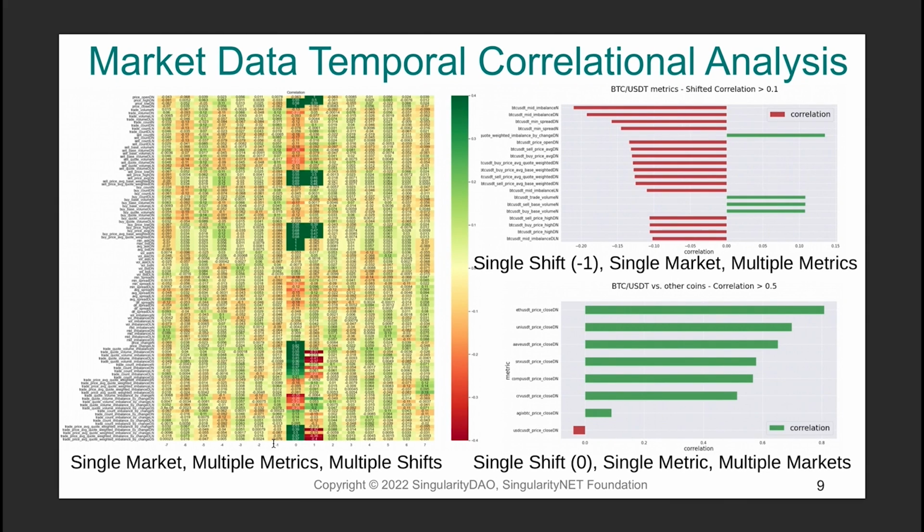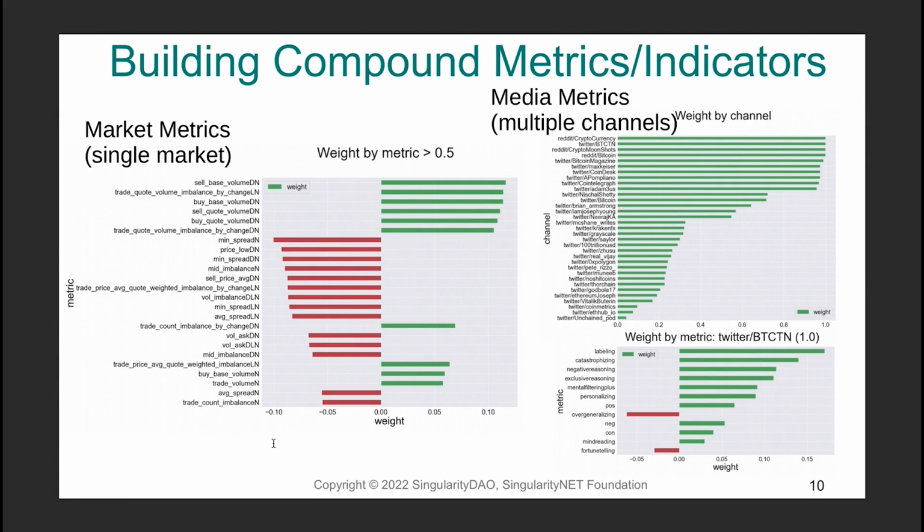And also on the right you can see that we can analyze these sorts of correlations with different shifts, visualize them with bars, and further we can do the analysis in an attempt to build what we call a synthetic additive indicator. So we are trying to find the different metrics in market data and social media data which have the greatest correlation with the price if assembled together.